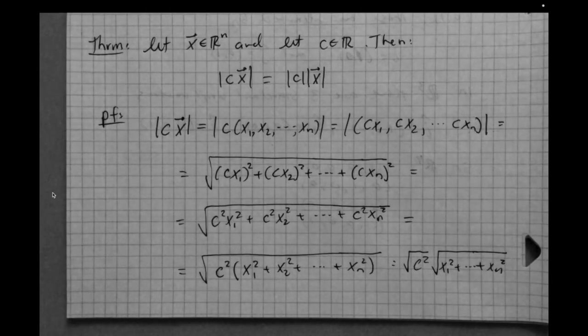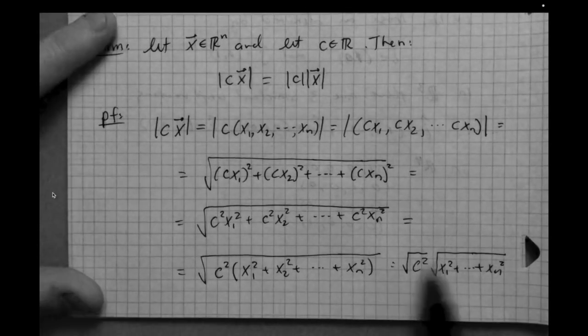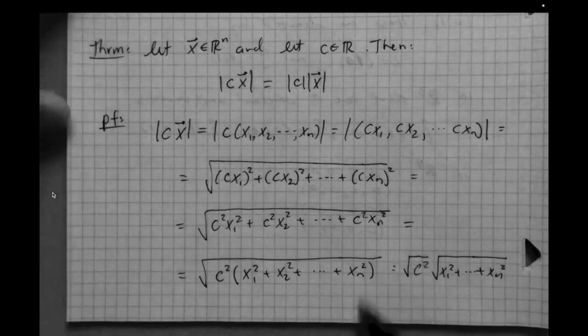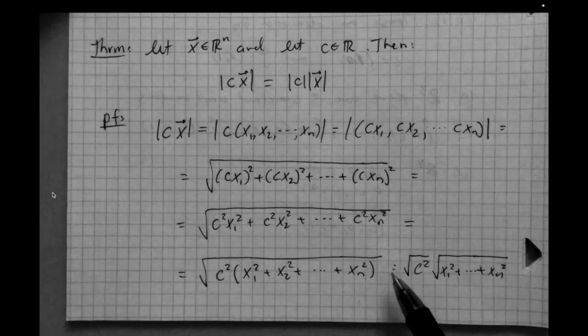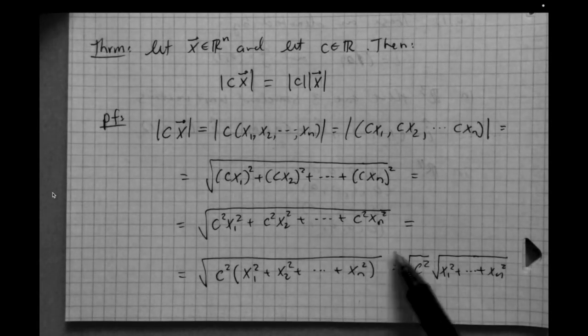Now, if I start with a c that's negative and I square it, it becomes positive, and then if I take the square root, it remains positive. But I'm back to the same absolute value as the original c. And so the act of squaring and taking the square root is equivalent to taking the absolute value.